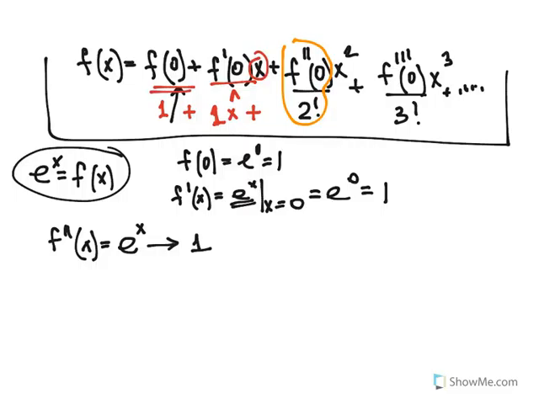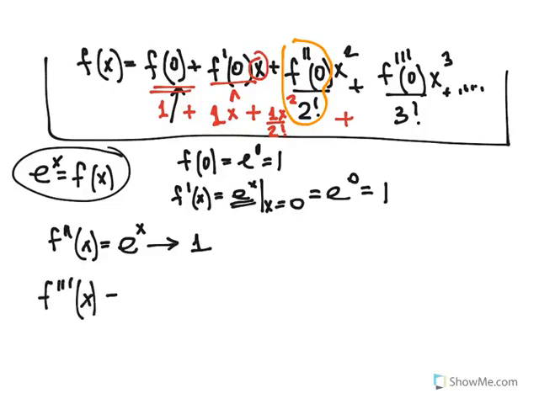So then the third element would be f double prime of 0 is 1, and then you do x squared over 2 factorial. So you can add one more, and then that would be enough. You'll be able to see the pattern.